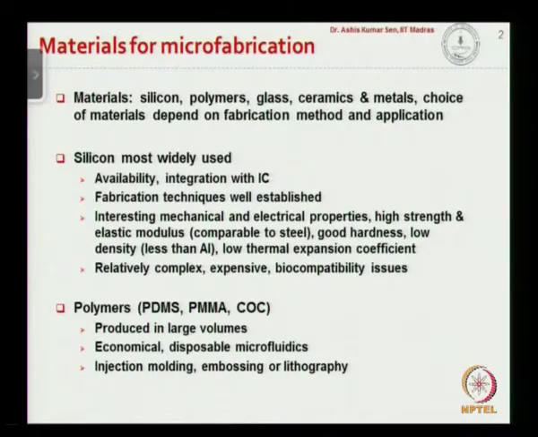If you look at silicon as the material, silicon is most widely used because it is widely available and it has the capability to get integrated with IC, integrated circuits. And the fabrication process for silicon is also very well established because that is the material that was used in semiconductor fabrication.